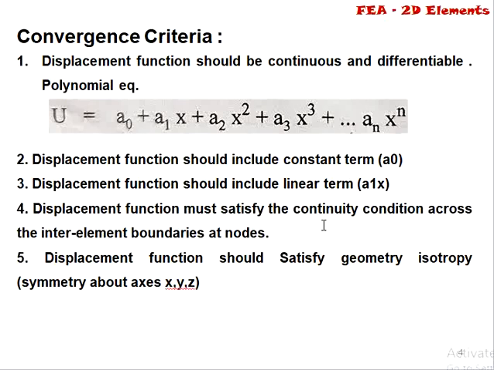That is nothing but continuity. At the intermediate node, first we consider element 1, that is node 1 and 2. Later on we do not directly jump to element 3, that is node 3 and node 4. We always jump to element 2, that is node 2 and 3. So that is nothing but continuity.